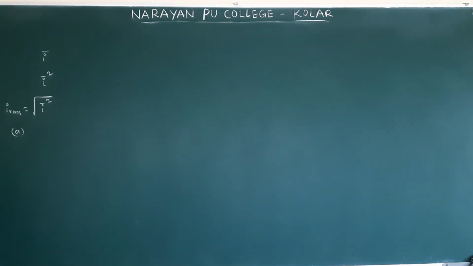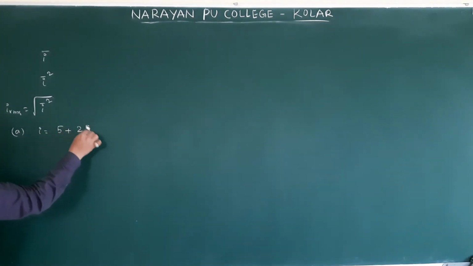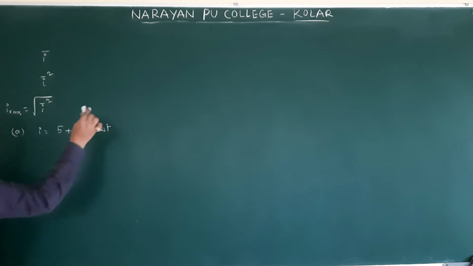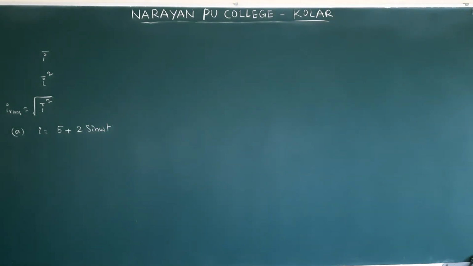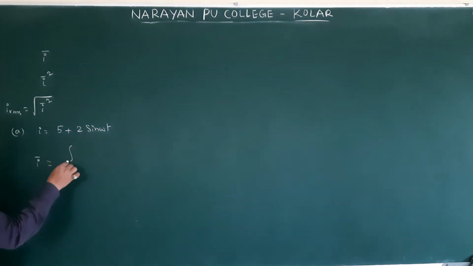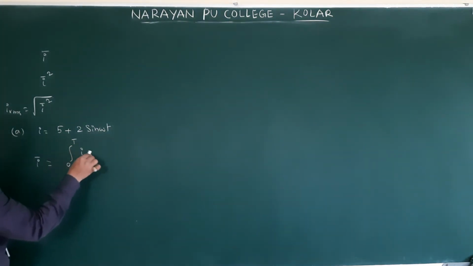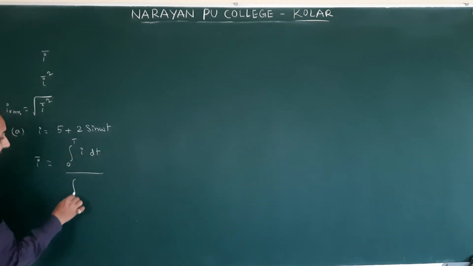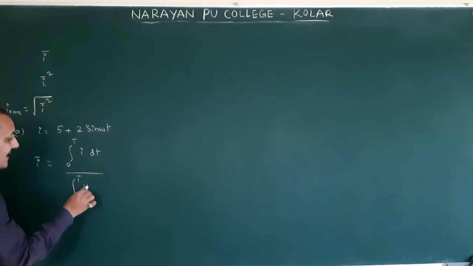A. So in A, I is equal to 5 plus 2 sin omega t. For this, first they calculated mean, next mean square, next RMS, root mean square. So first I bar. I bar means what I said? Integral 0 to t I dt by integral 0 to t dt.